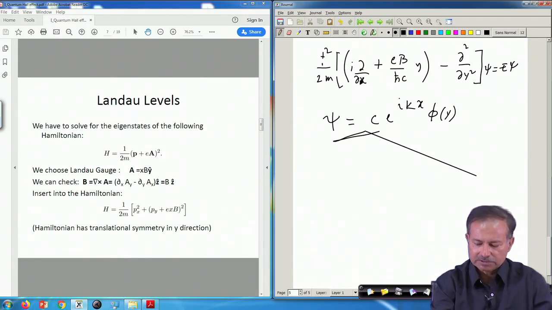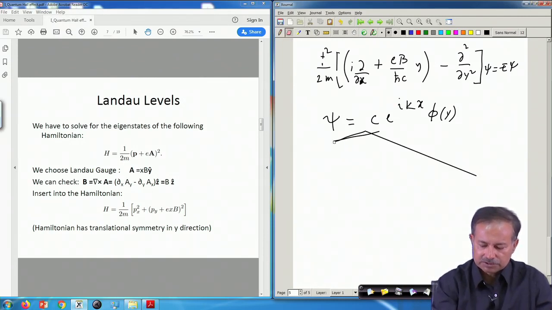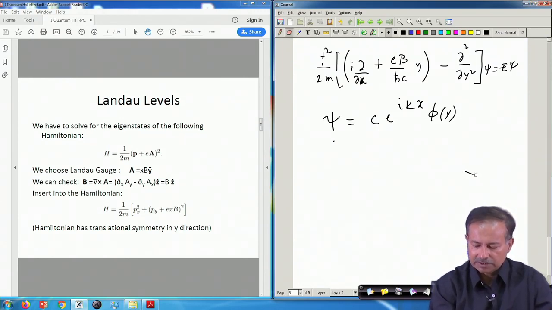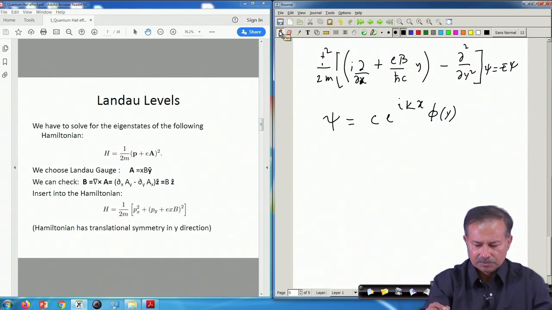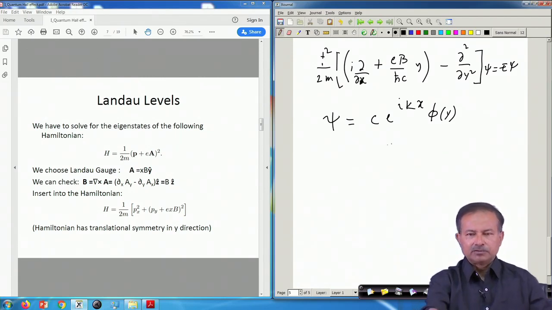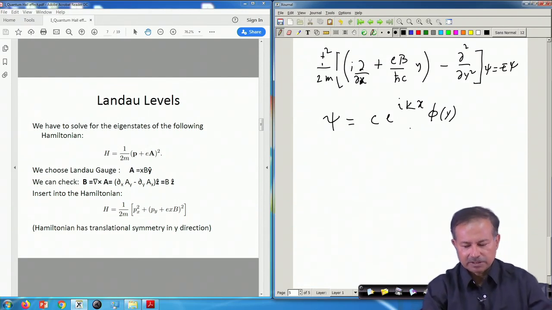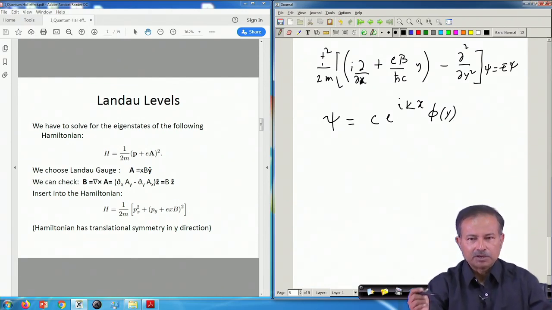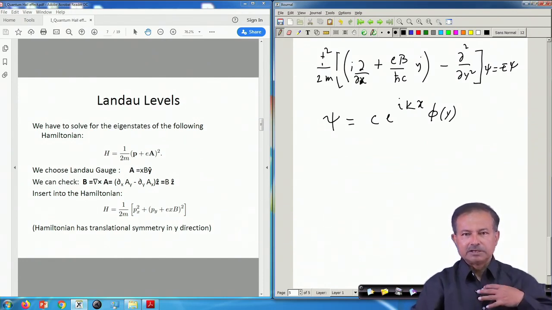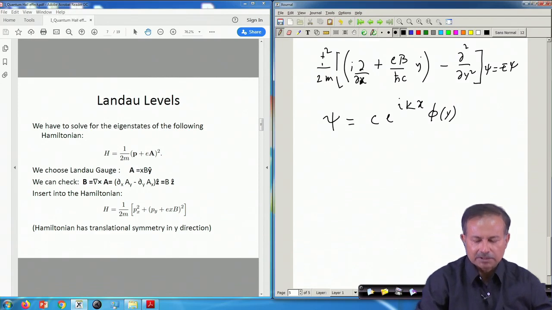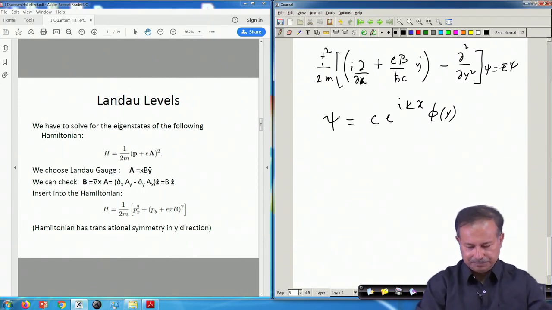So, what one does is that one chooses a plane wave function along the x direction, because the translation symmetry exists in that direction still, and so one keeps that intact and writes a plane wave state along the x direction, whereas in the y direction, of course, you have to be careful, because there is a term which will change the nature of the wave function, and you will just see what will happen.